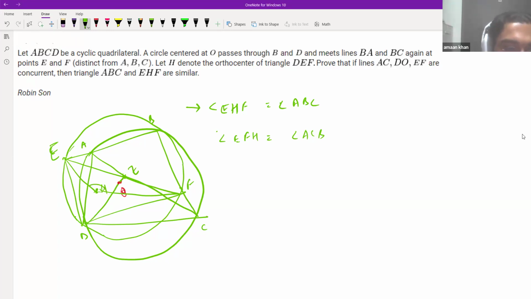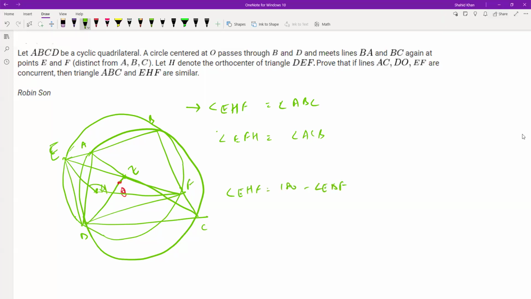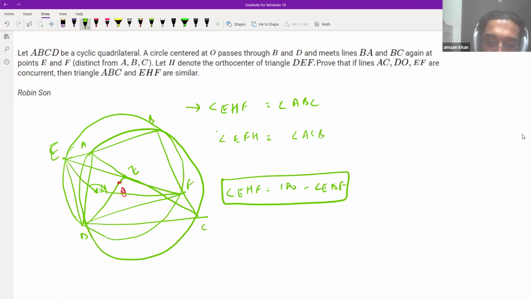Okay, so as someone wrote, EHF is 180 minus EDF. Does anyone have issues with this? Then HEF is equal to 90 minus EF and DEFD.